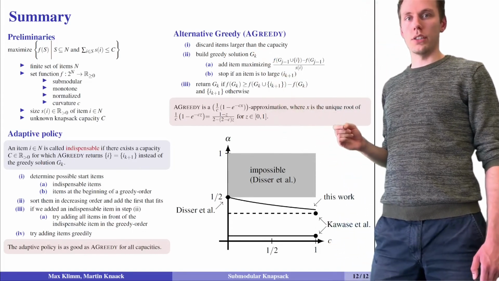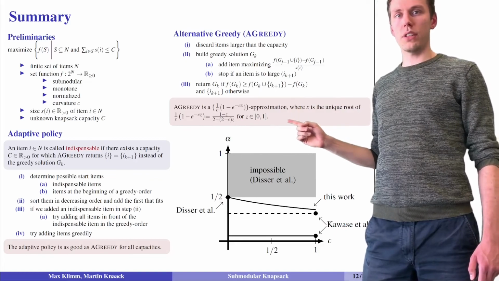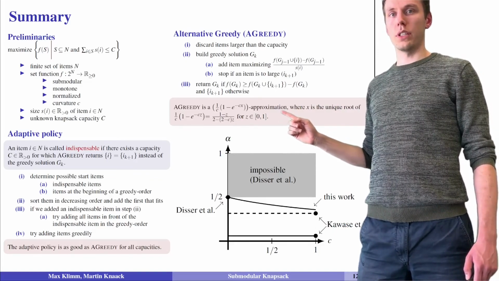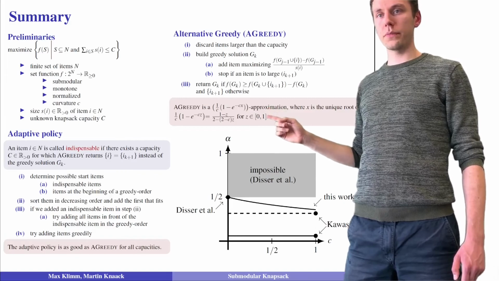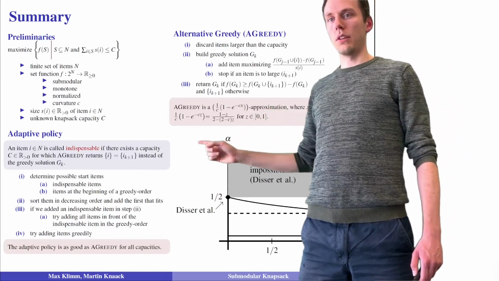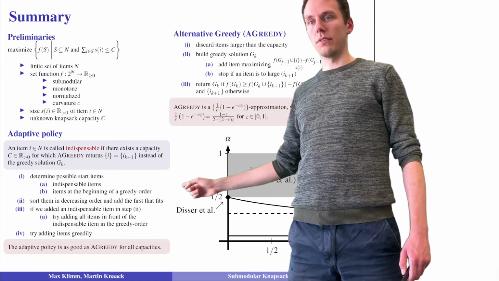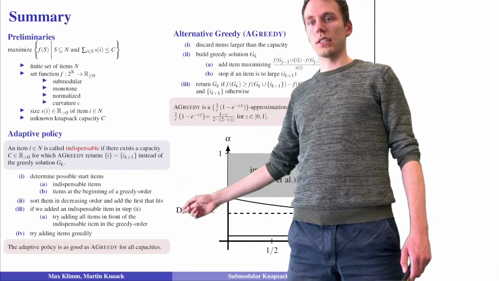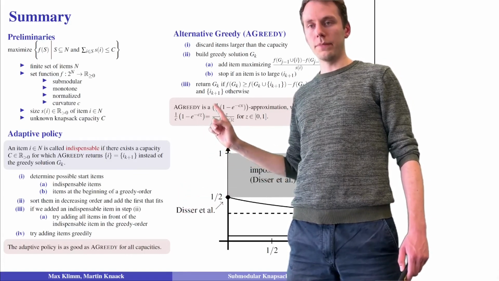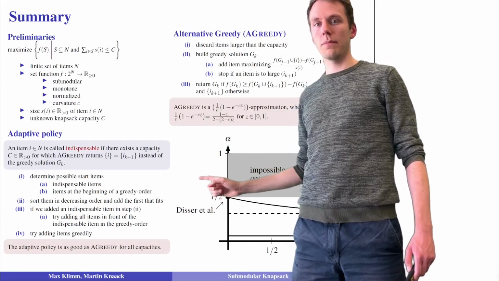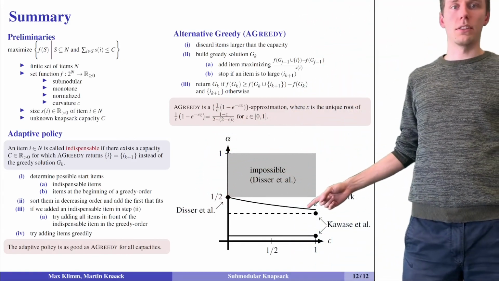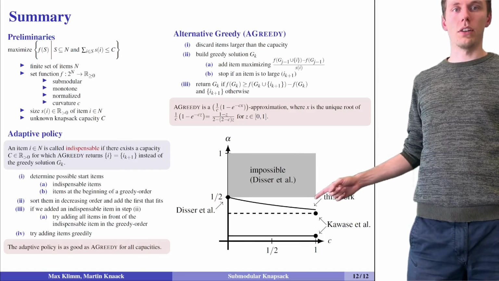For that, we showed this approximation ratio for different curvatures. And in the last step, we discussed this adaptive policy, which is as good as the alternative greedy algorithm for our capacities. And this gives us the result we presented at the beginning of this talk.